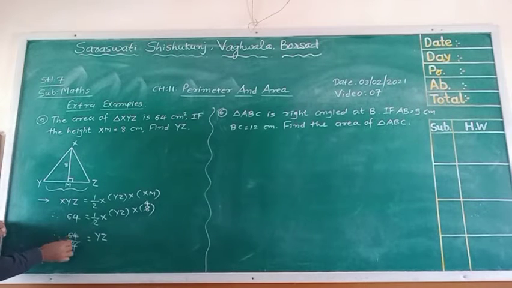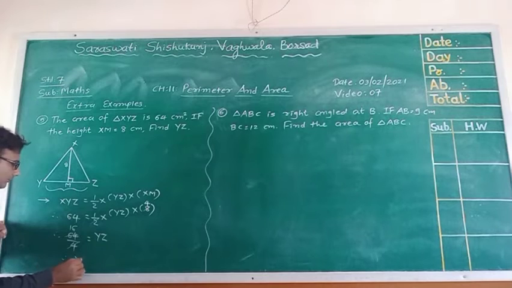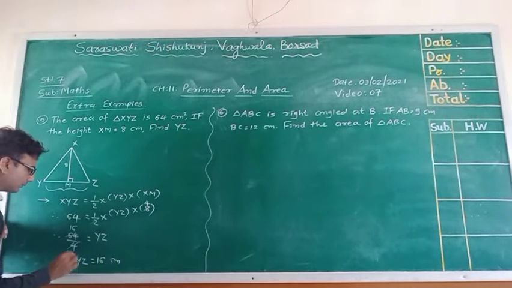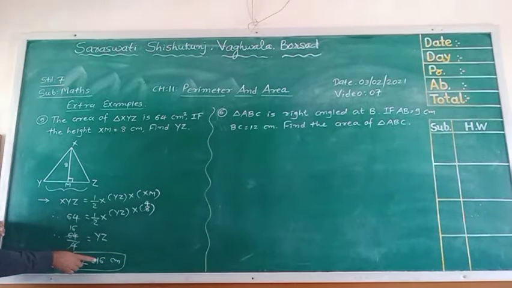Now 4 1s are 4 and 16 4s are 64. So this base measurement YZ equals 16 centimeters.